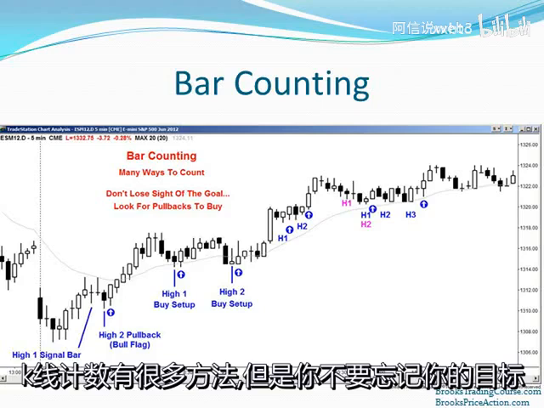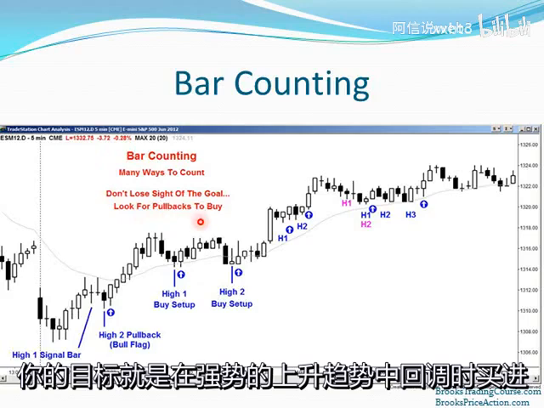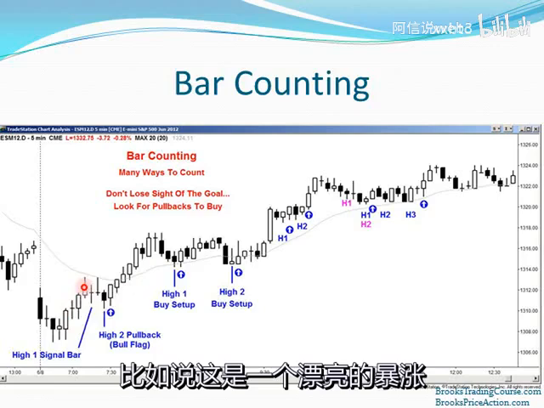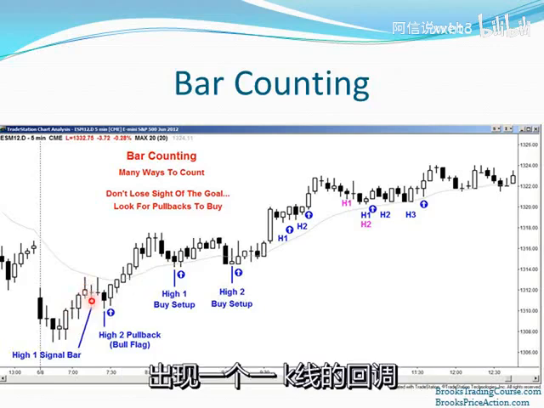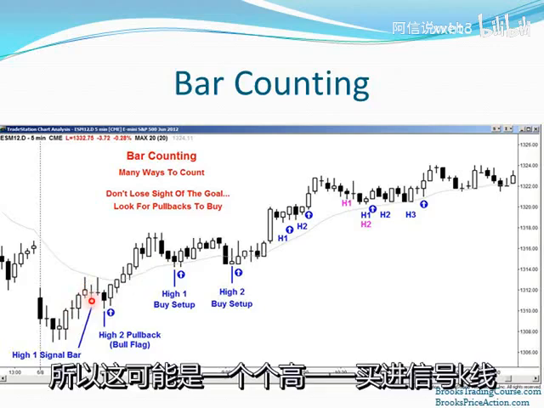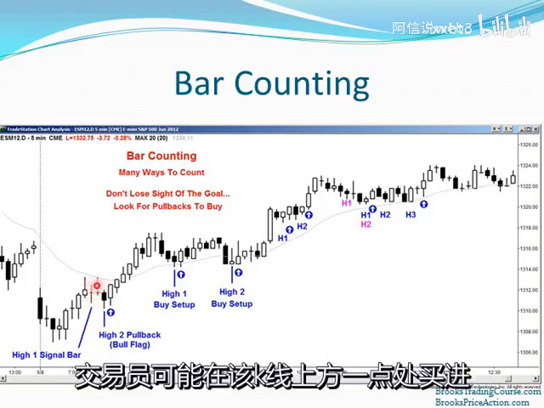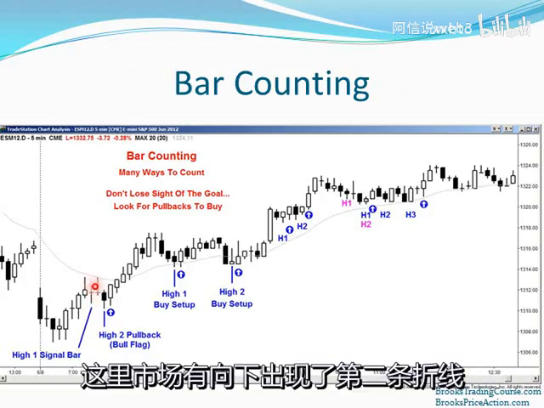There are lots of ways to do the counting, but you shouldn't lose sight of the goal. The goal is to look for pullbacks to buy in a strong bull trend. For example, a pretty good bull spike, a 1-bar pullback, so it's a potential high 1 buy signal bar. Traders might want to buy 1 tick above the high of that bar.